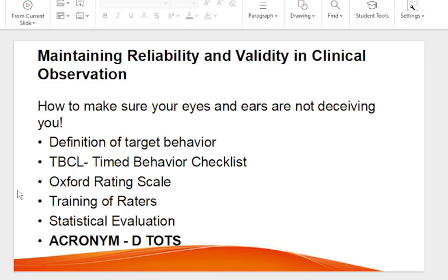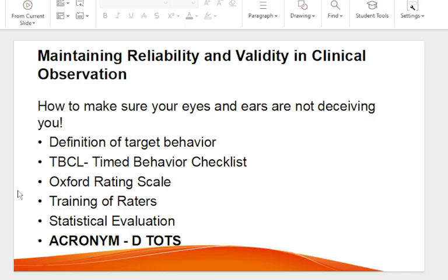Now, the training would have been efficient if both raters can bring the same count, the same frequency of that behavior. So then we know that we have raters, and then they are able to perform independent field evaluation.